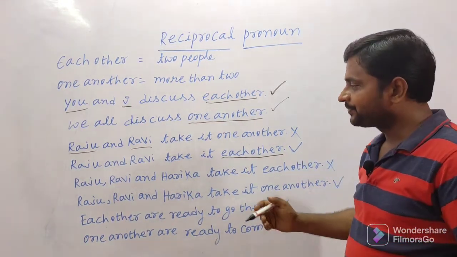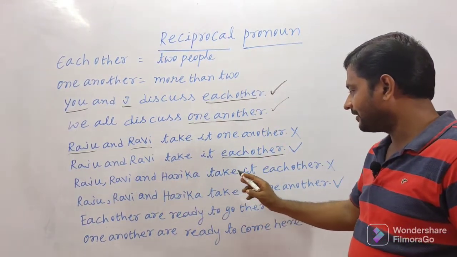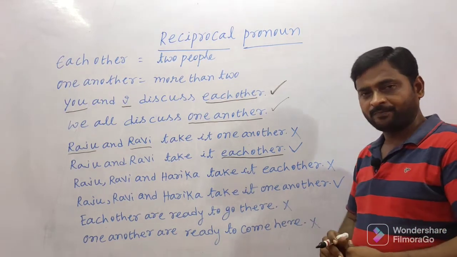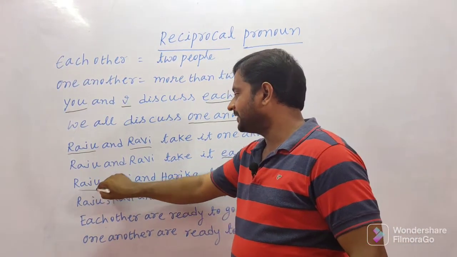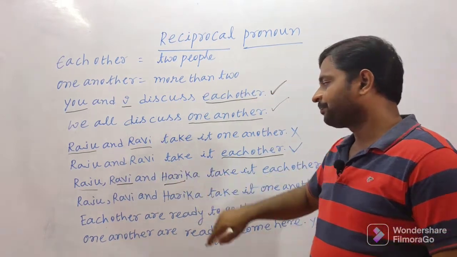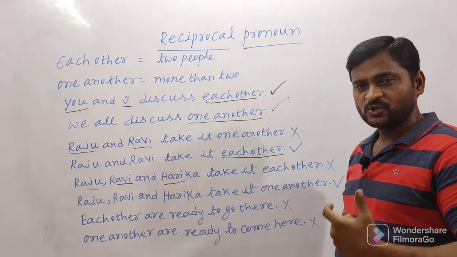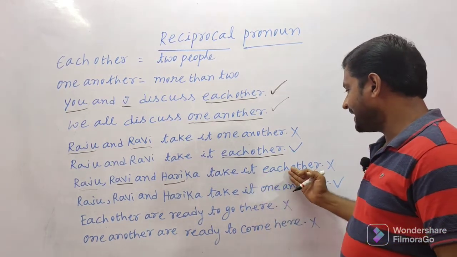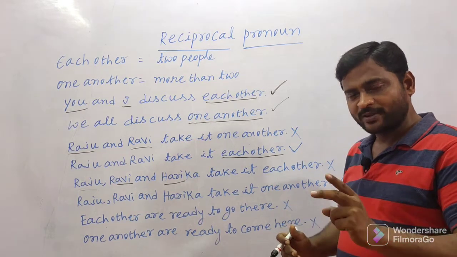Okay, dear friends. Next, Raju, Ravi and Harika take it each other. Once you see the subject, how many people are there? 1, 2, 3: Raju, Ravi and Harika. I mean more than two people. Generally, each other is used only for two people.